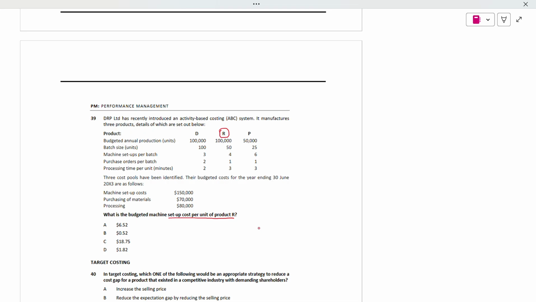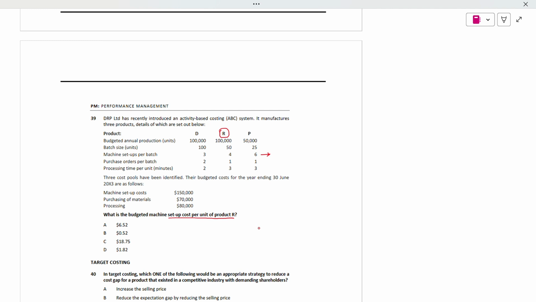Total setup cost, machine setup. How many machine setups are there? Three, 4, and 6, that is 30.